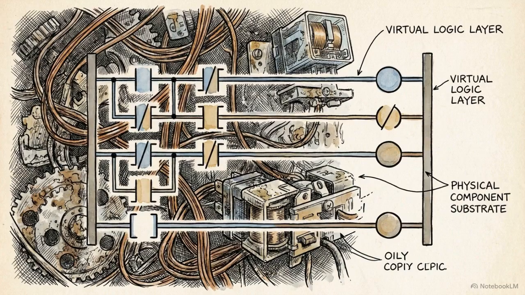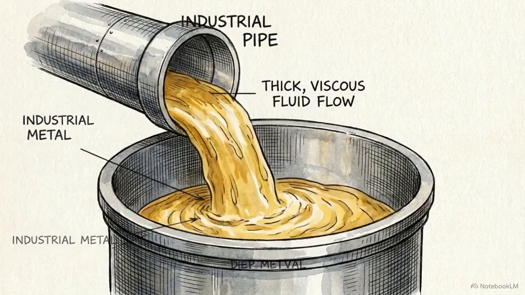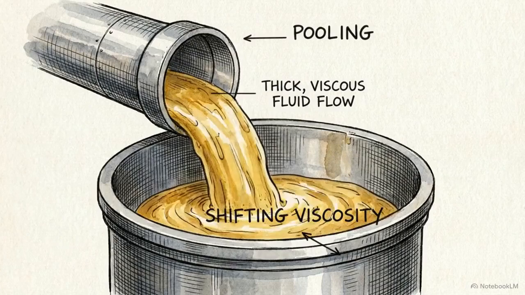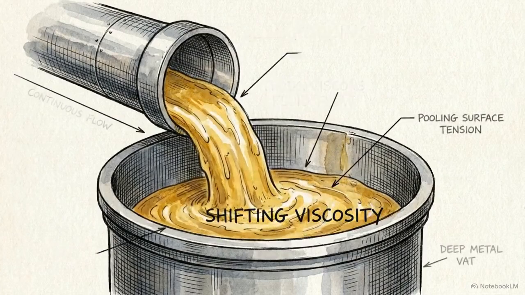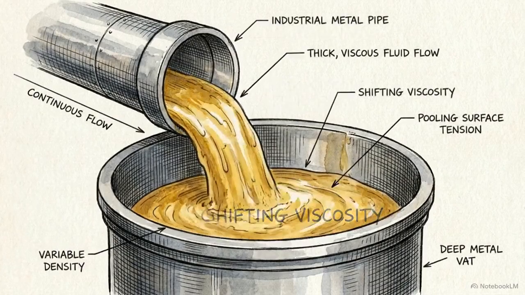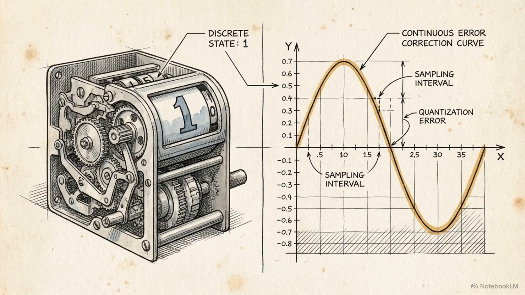copper circuits. However, discrete Boolean logic cannot manage continuous physical properties, such as the shifting viscosity of a fluid or the thermal expansion of a metal vat. Controlling these variables requires a transition from binary execution to continuous mathematical error correction. This process uses three baseline metrics: the process variable being measured, the desired set point, and the calculated error.